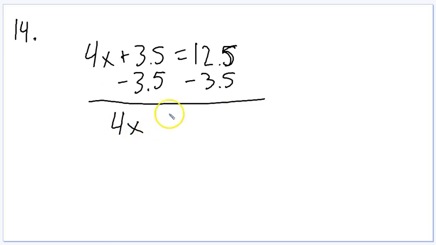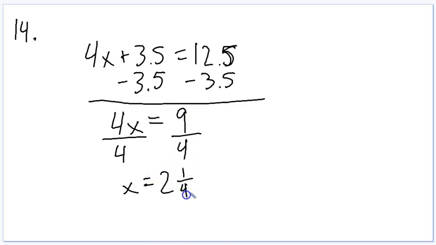We get 4x equals, subtract the 12.5 minus 3.5, it's going to get 9. So divide both sides by 4, get x equals 9/4, or 2 1/4. Or since it's in decimals, you'll get 2.25.